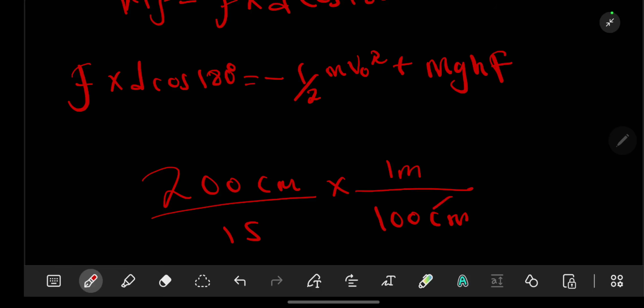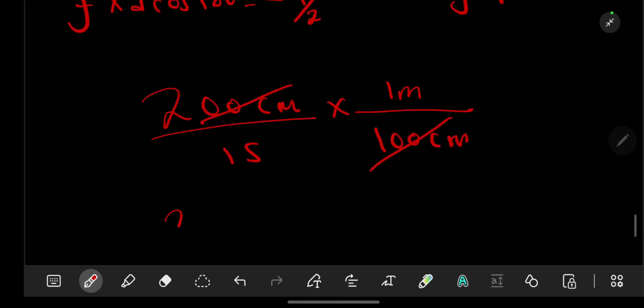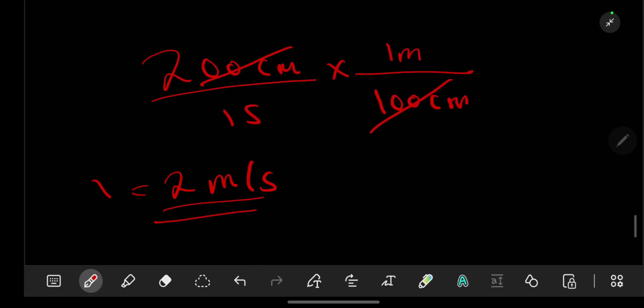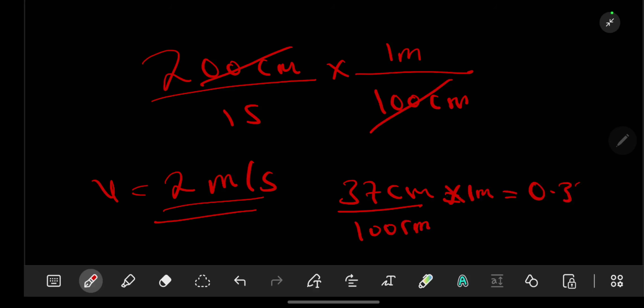So we cancel this, and we have 2 times 1 meter, which is 2 meters per second. That is the initial speed. Also, 37 centimeters, you just divide by 100 to convert to meters, so we have 0.37 meters.